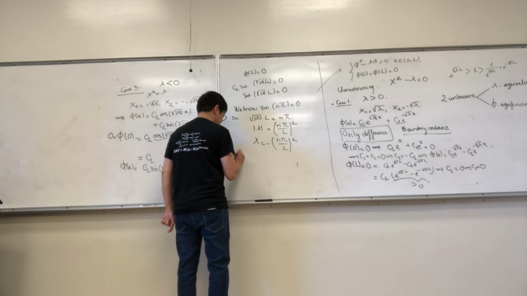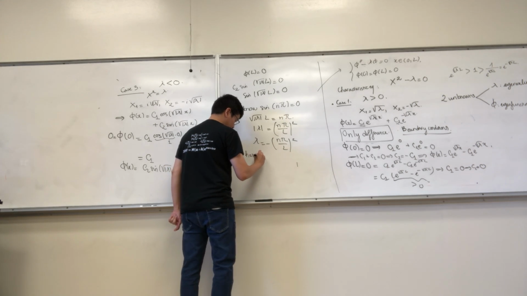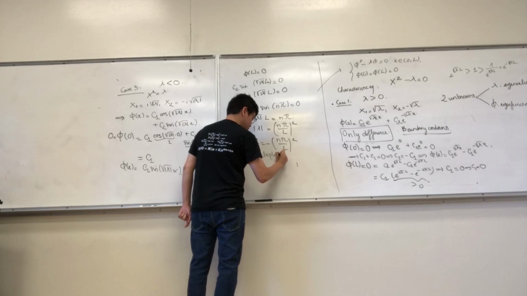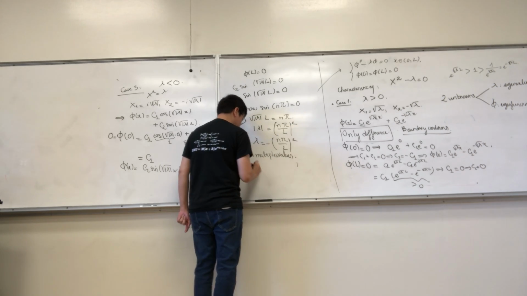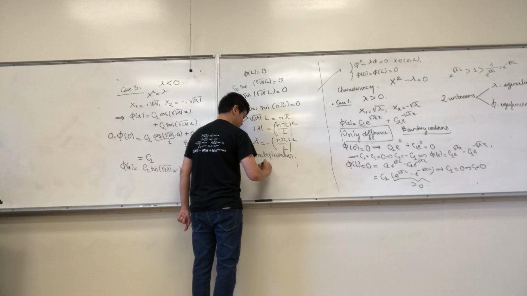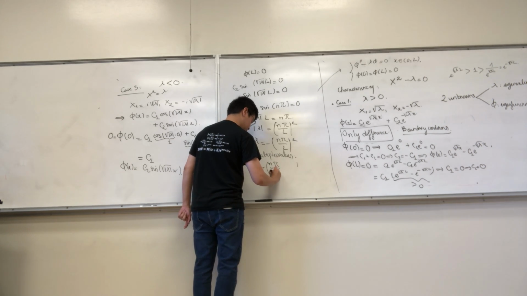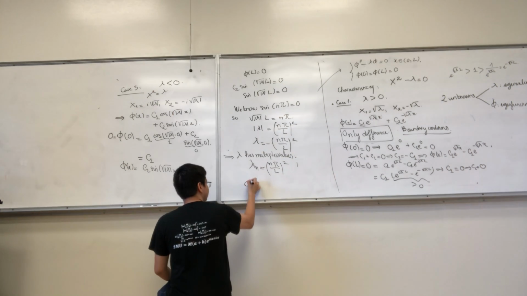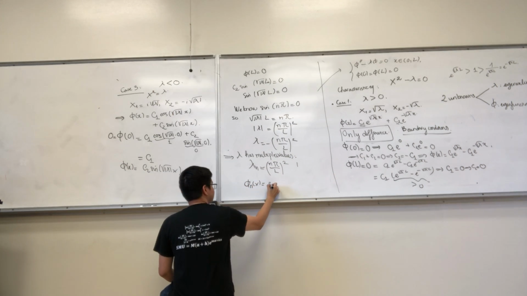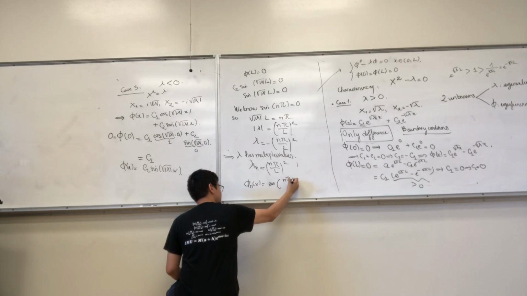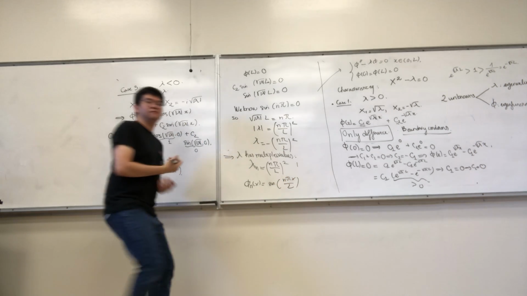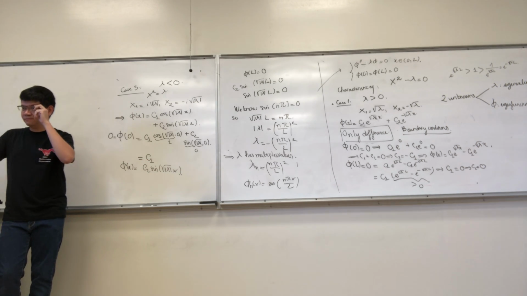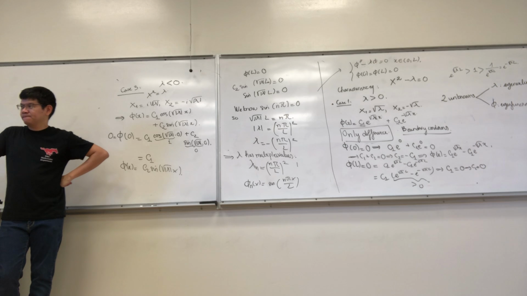So we denote lambda by lambda_n, and then phi_n(x) will be sine of n pi x over L. That's good. So this is half of the Fourier series.